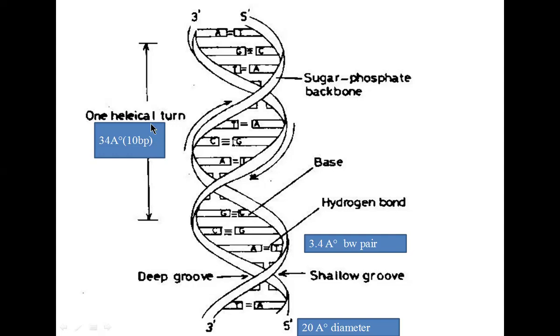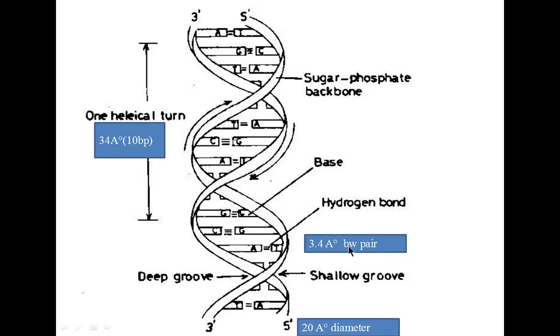For one helical turn, there will be 10 base pairs. And the bases are stacked about 3.4 angstrom, that is 0.34 nanometers, apart. You can see here 3.4 angstrom between each pair.